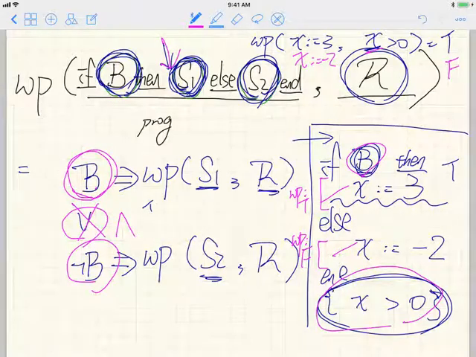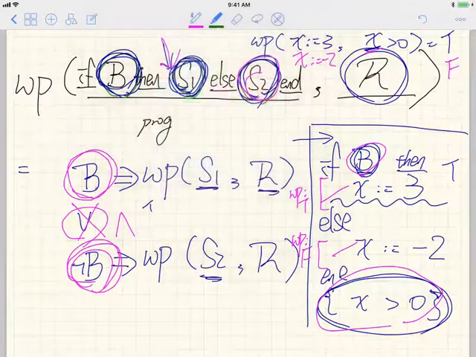If I can reach the second branch, then that means B must be false. These are useful information we can use. So this is the sketch of the idea, but you should really know why we are using this conjunction. That's really important. It's a good try.